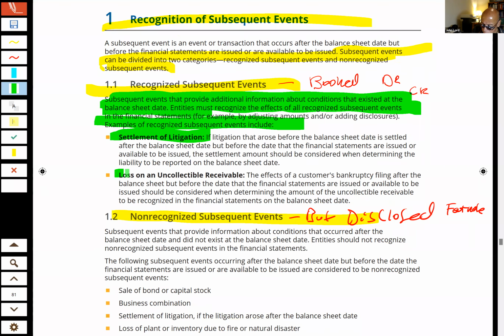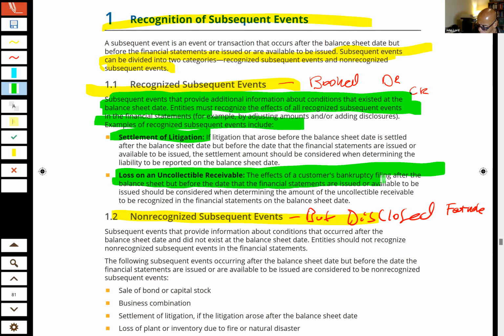Now, loss on an uncollectible receivable. What happens here? The effect of the bankruptcy may happen after the balance sheet date, but before the financial statements are issued, and it should be recognized when determining the amount of uncollectible receivable. In other words, you're saying, well, wait a minute. We find out that a client files for bankruptcy in January.